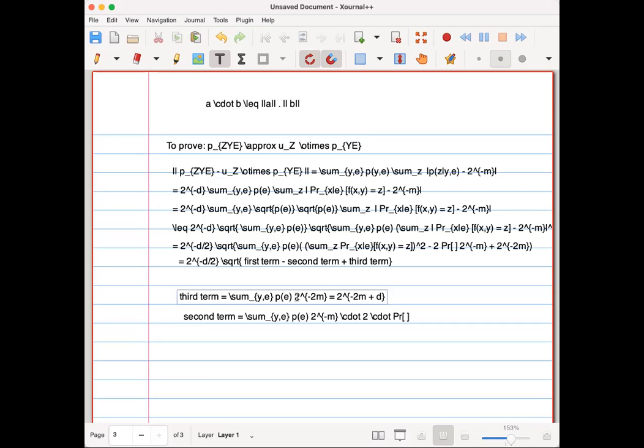But it's not if and only if, right? It doesn't go backwards. You may not have a uniform product distribution as the underlying distribution, but still, if you can capture the first k moments, you may be able to get your job done.